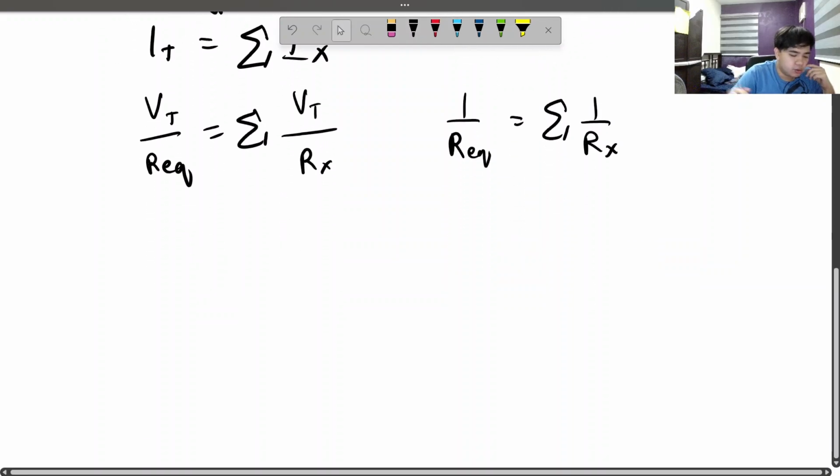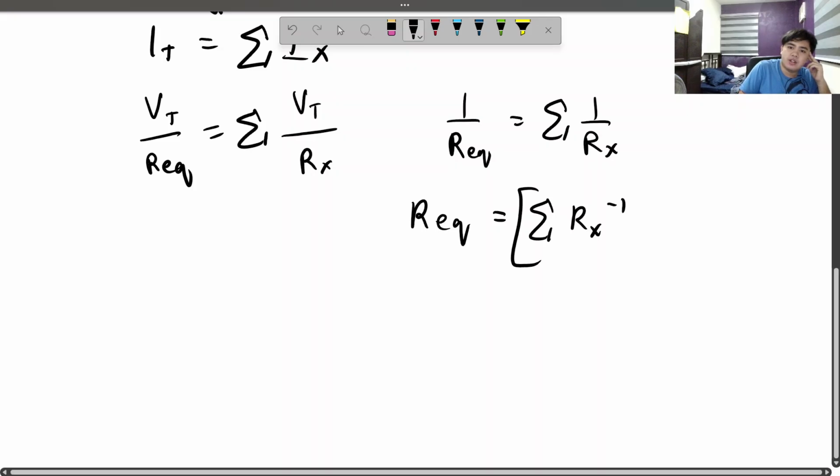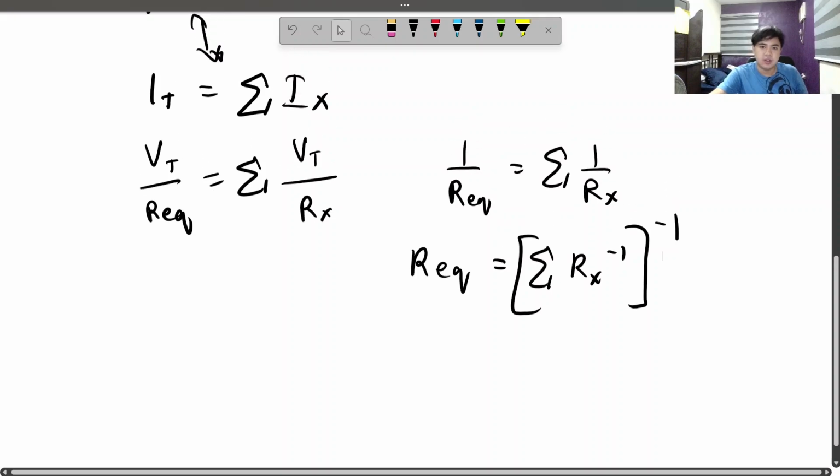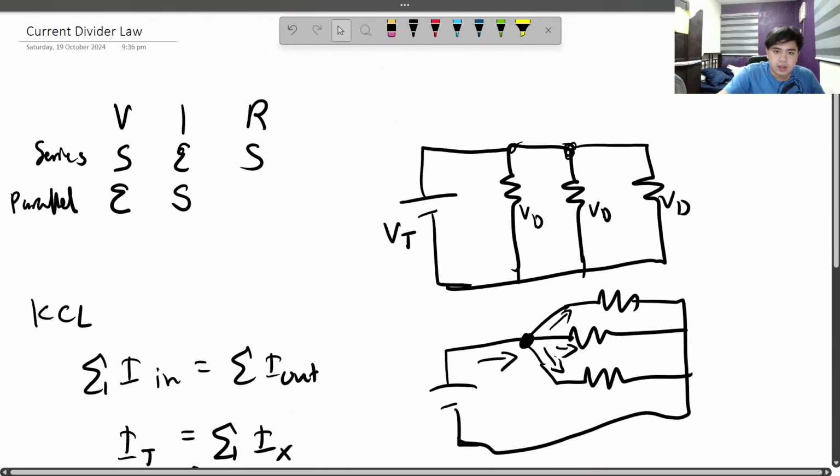And if you want to simplify the formula further, you get R equivalent equals the sum of R_x to the negative 1, all to the negative 1. That's actually how we find the R equivalent in a calculator. It's much easier to write.